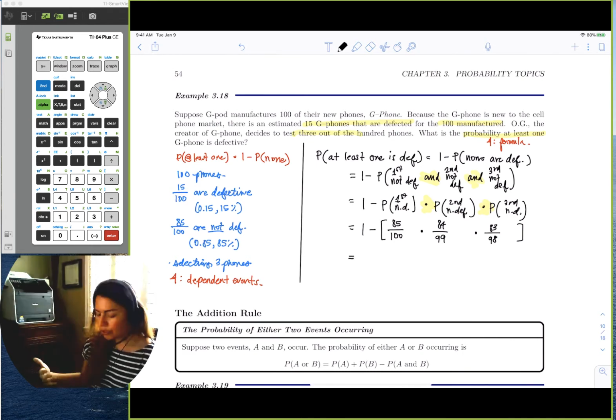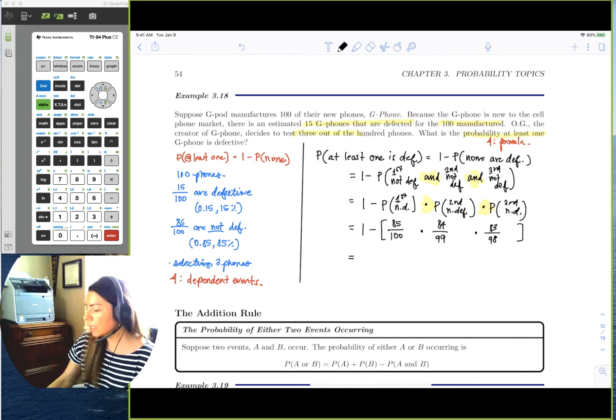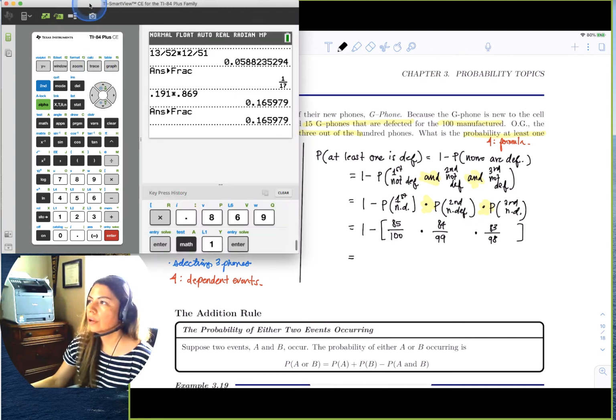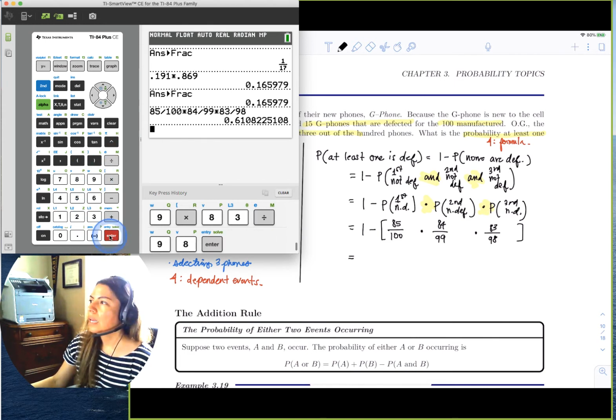When you do this, I encourage you to do this in the calculator. We could just do 85 divided by 100 times 84 divided by 99 times 83 divided by 98, and then do 1 minus this answer.